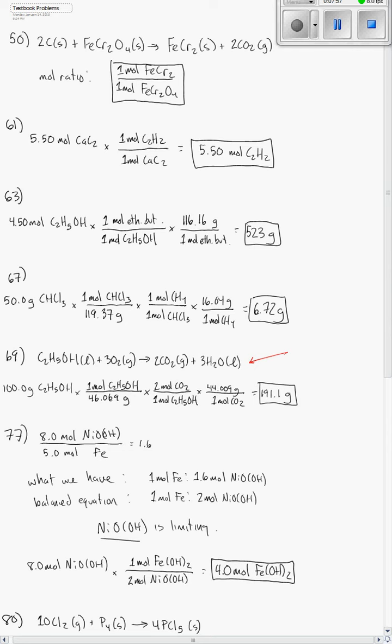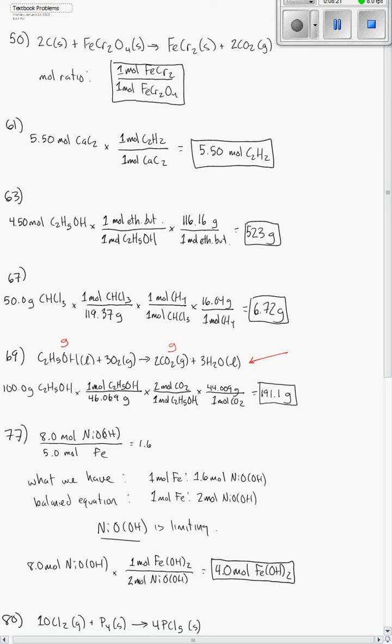So what we're going to do is go from grams of our reactant to grams of our product. As we said before, we can't go directly from grams to grams, so we need to go from grams of our reactant to moles of our reactant, and then from moles of our reactant to moles of our product, and then from moles of our product to grams of our product. So you can follow the same steps as before, right?